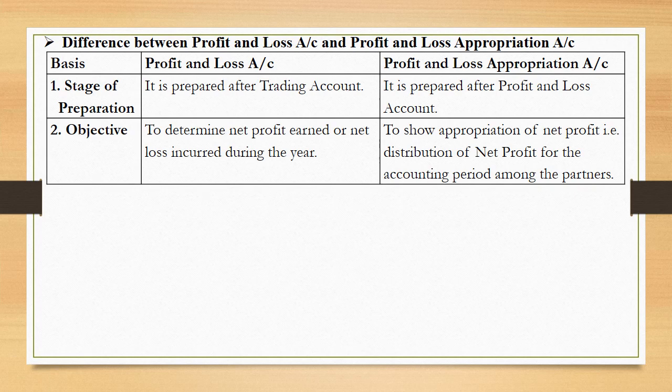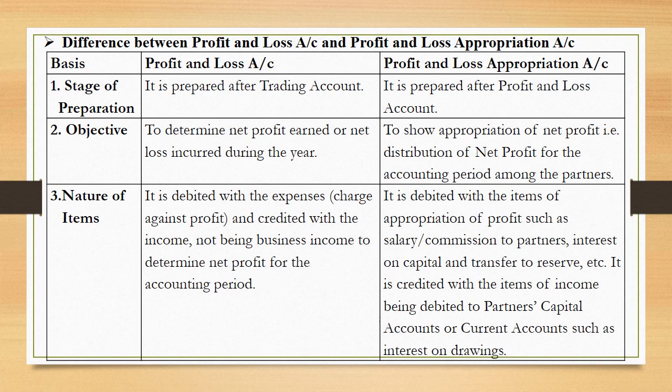Second, what is the objective of preparing these accounts? Profit and loss account is prepared to determine the net profit earned or net loss incurred during the year, whereas profit and loss appropriation account is prepared to show the appropriation of net profit, that is, how this net profit is distributed amongst the partners under various heads.